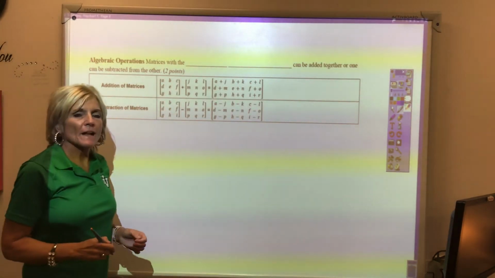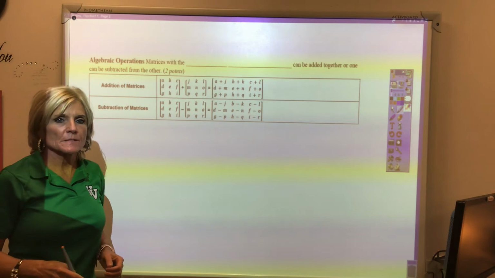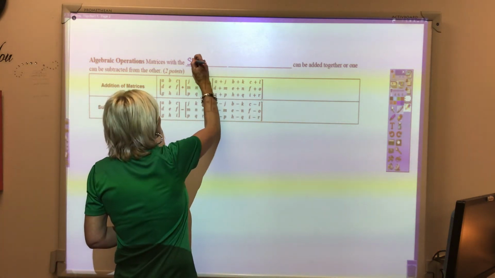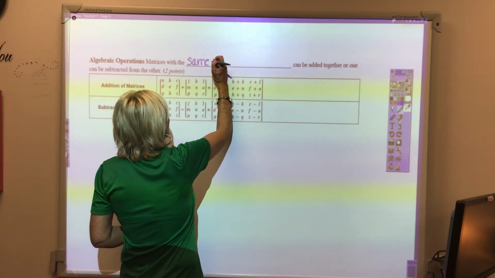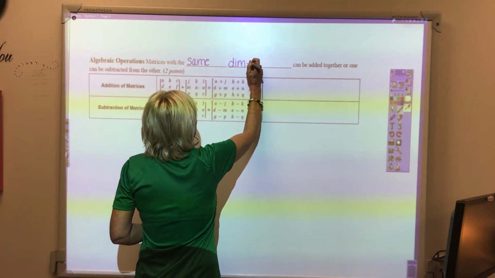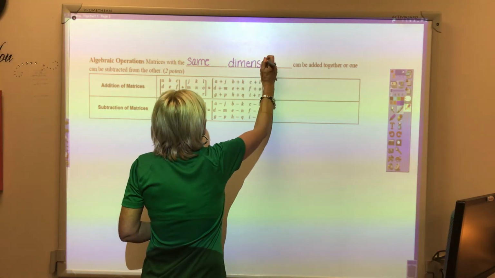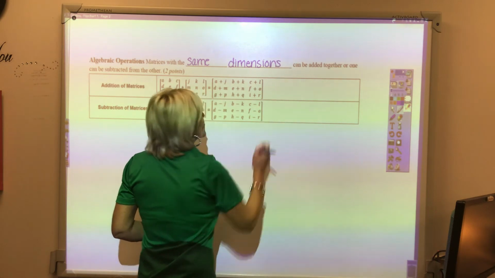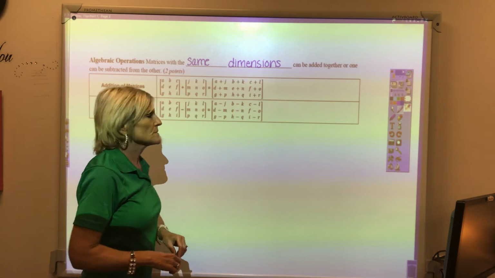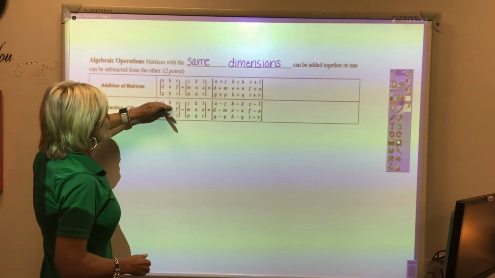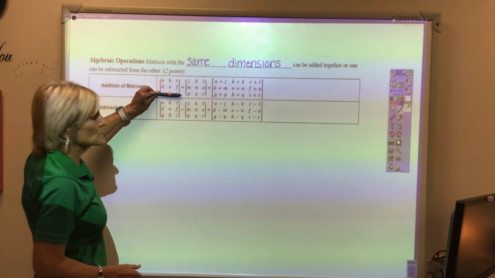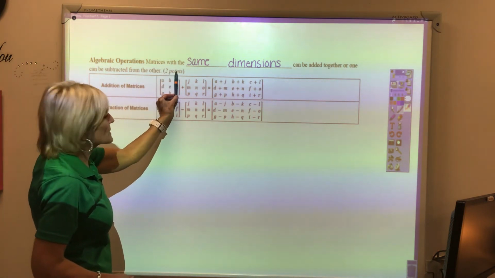Now we're going to talk about algebraic operations with matrices. Matrices with the same dimensions can be added together, or one can be subtracted from the other. So here are the dimensions. In this first matrix, there are 1, 2, 3 rows and 1, 2, 3 columns.